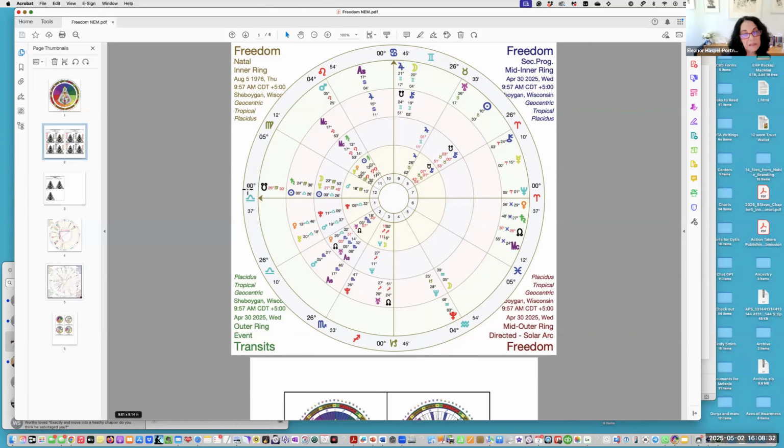The timing is exactly right for you to be exploring new dimensions and new directions and think creatively.